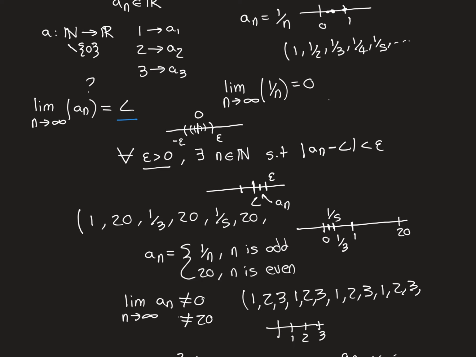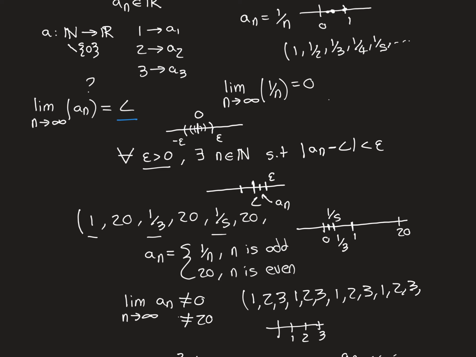All this is saying is that if L is the limit of the sequence, 0 in this case is our hypothesized limit, then it has to be true that terms of the sequence get indefinitely close to our limit L. And it is true that terms get indefinitely close to 0 in the case of this sequence here.